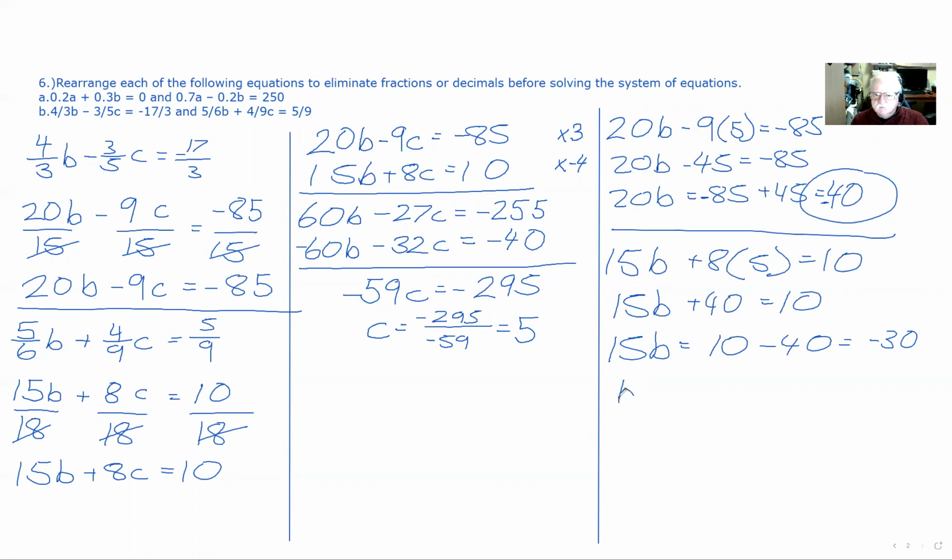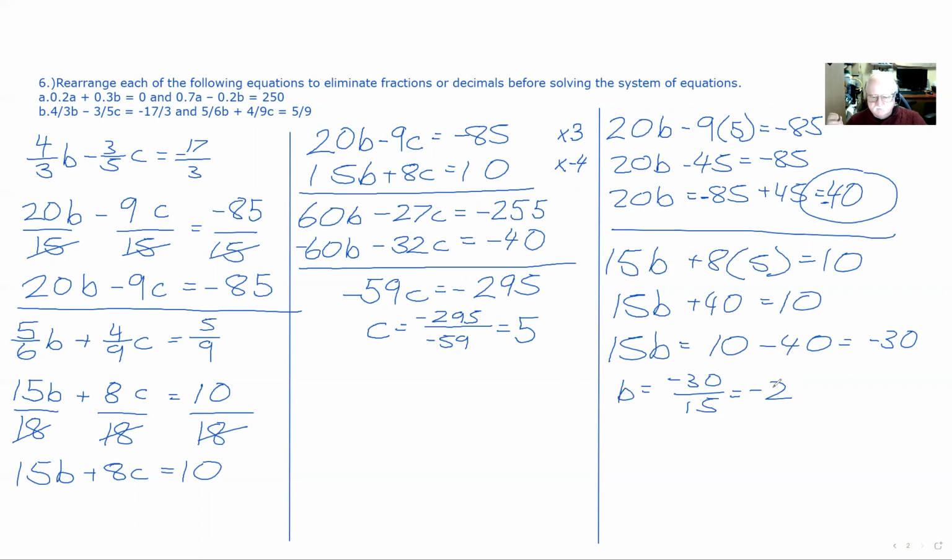And b equals negative 30 over 15, which is negative 2. So something has gone horribly wrong.